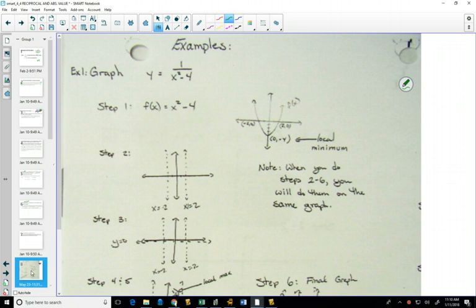So the first thing that we're going to do is draw our original graph. So here's our original parabola. It's a parabola that's been shifted down 4 units. So you know that your vertex is at 0, negative 4. You've got x-intercepts at 2, 0, and negative 2, 0.